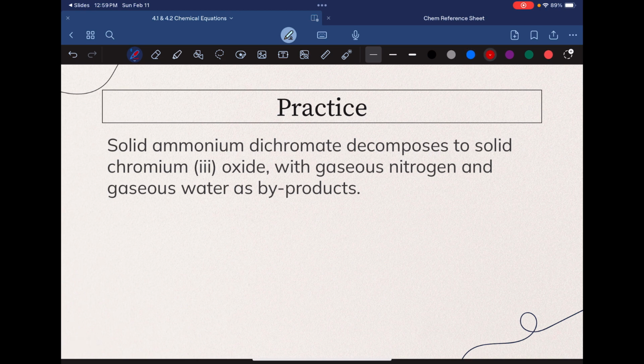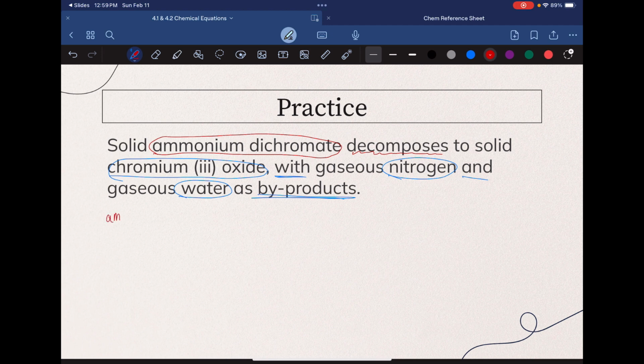Here's another one. Solid ammonium dichromate. Ooh, it's decomposing. So solid ammonium dichromate decomposes. So we know that we have one reactant to what? To solid chromium(III) oxide with gaseous nitrogen and gaseous water as byproducts. So look at that. We have 3 products and we only have one reactant.